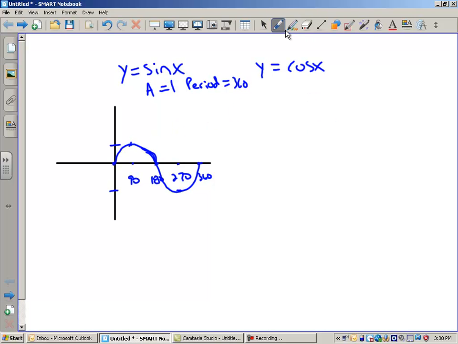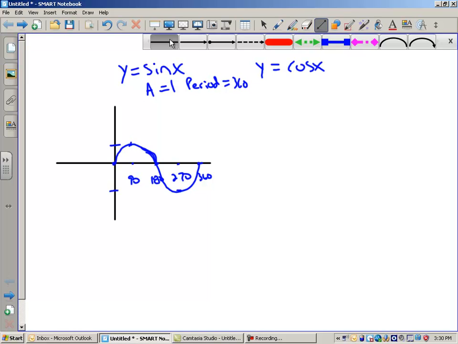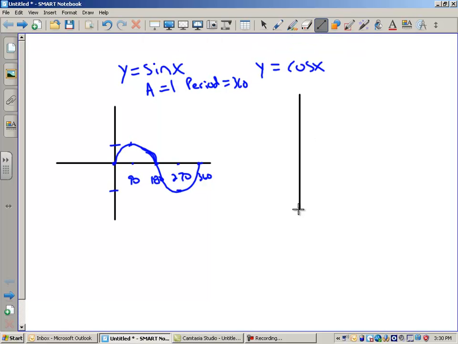All right, now for cosine x. For cosine x, we still have an amplitude of 1, and we have a period of 360. So we do 0, 90, 180, 270, 360.